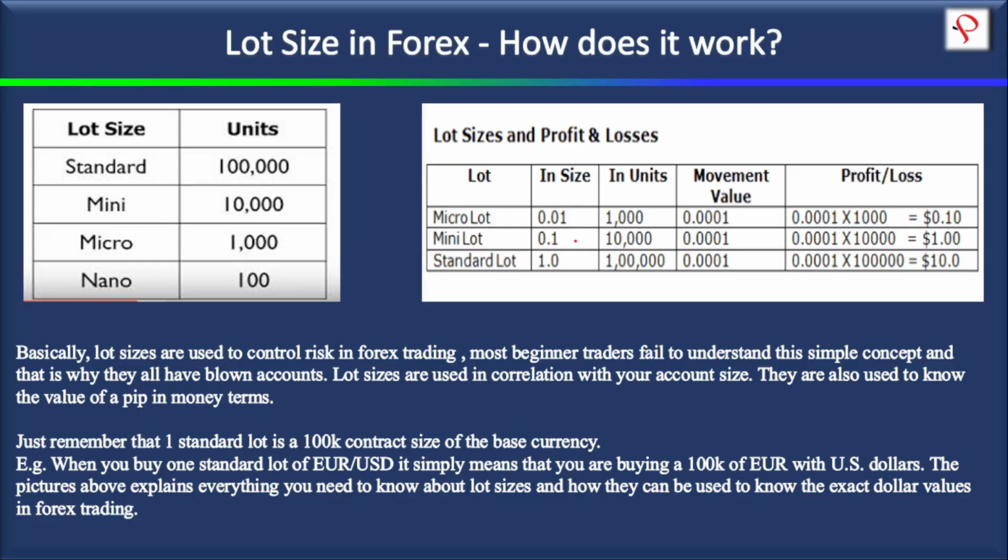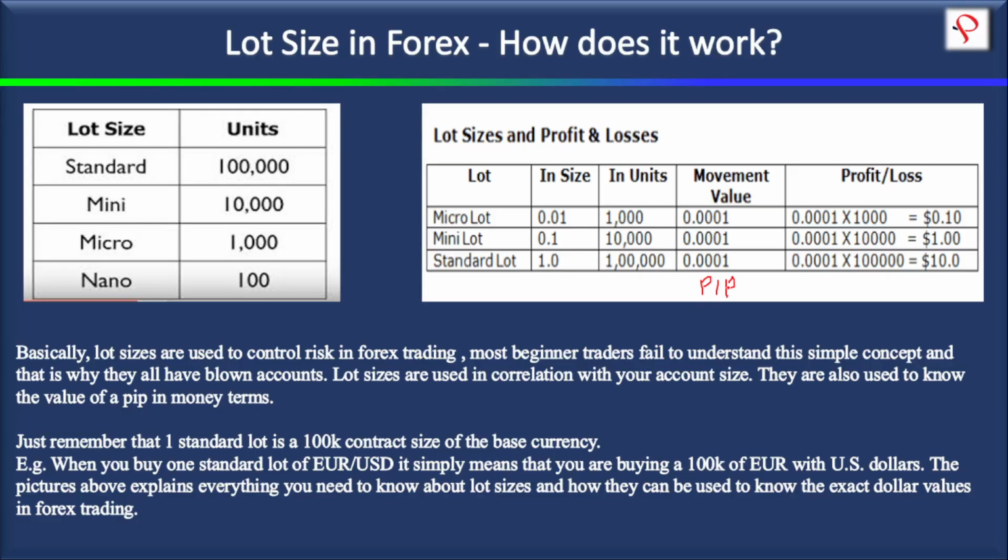Now, look at another way you can know the value of a pip by doing this simple calculation. Let's assume that you took a trade on Euro USD with one standard lot size, and that trade made a 1 pip move. Look at its movement value. This is the pip.